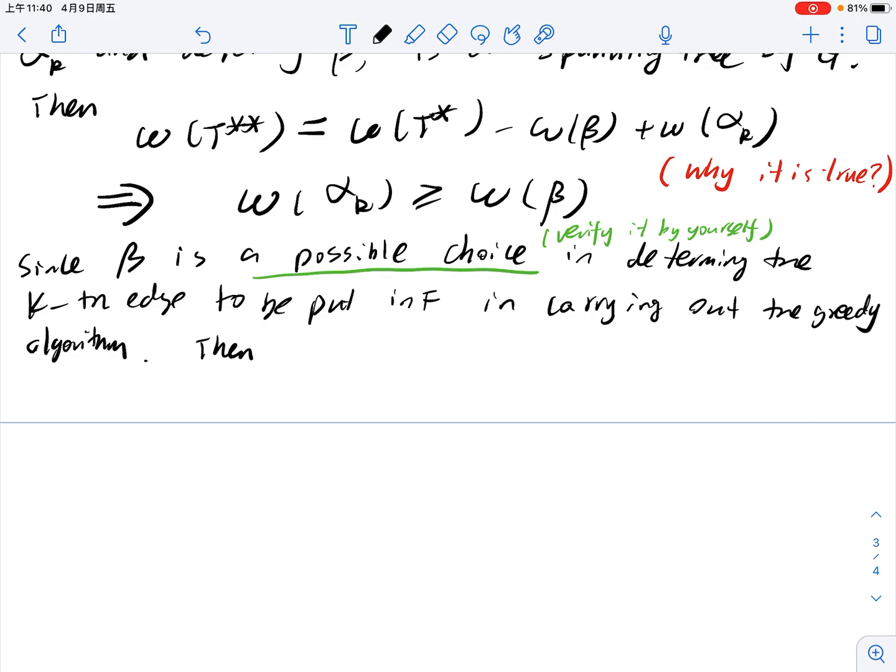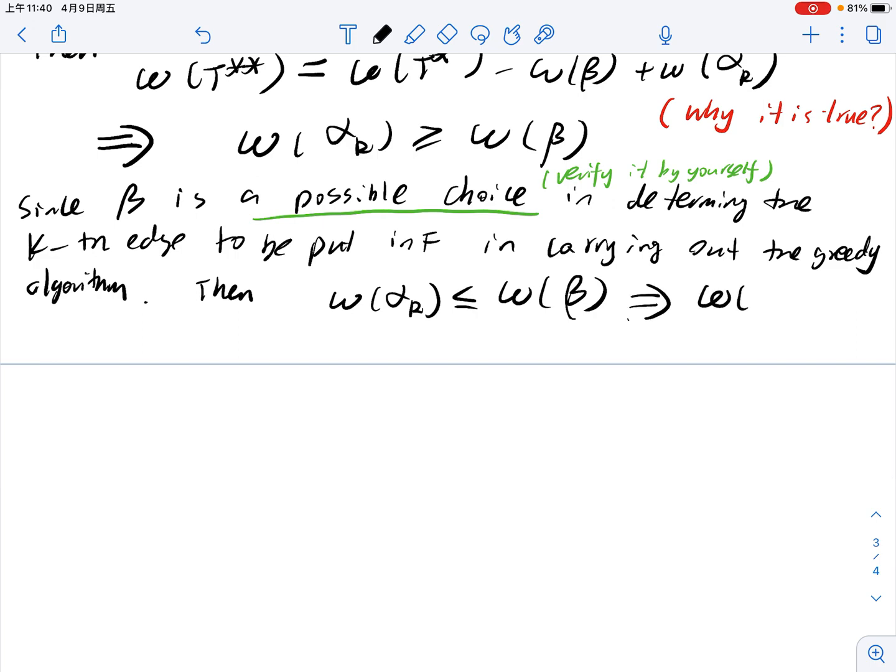Because beta is a choice, if the weight of alpha k is strictly greater than the weight of beta, then instead of alpha k we would need to choose beta at the k-th step. Therefore, omega alpha k should be less than or equal to omega beta.